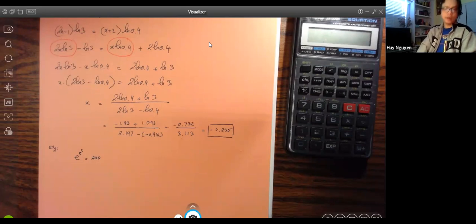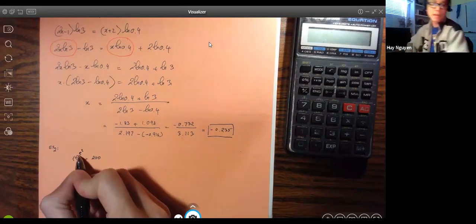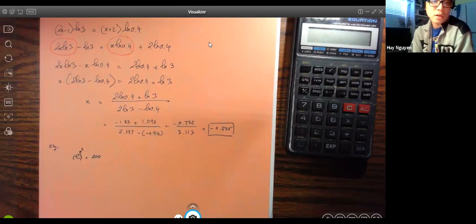The x squared is the exponent. Usually they put parentheses for you to recognize it easily, but they don't have to. They can throw away the parentheses, but you must be able to recognize that the big E is the base and x squared is the exponent.